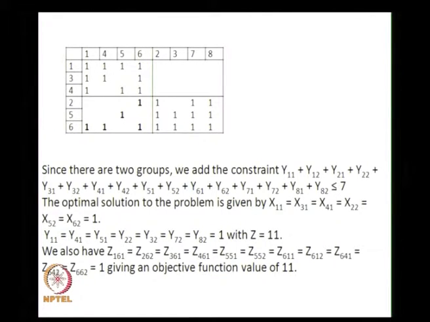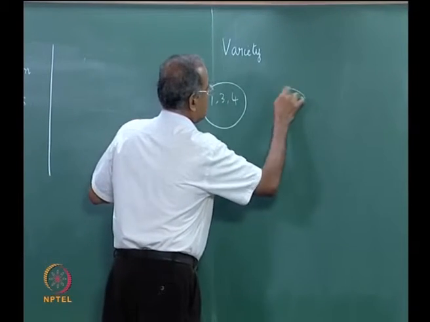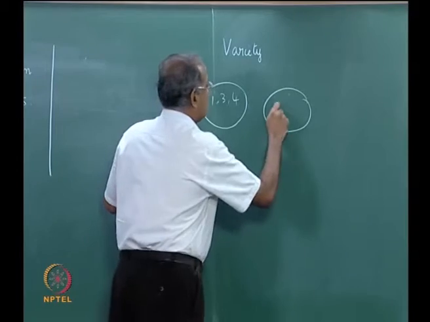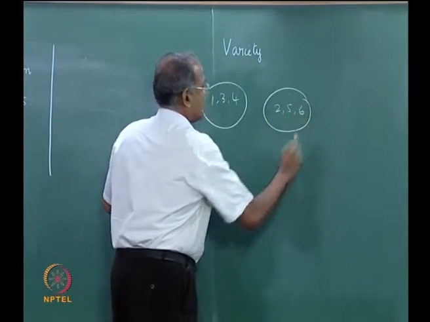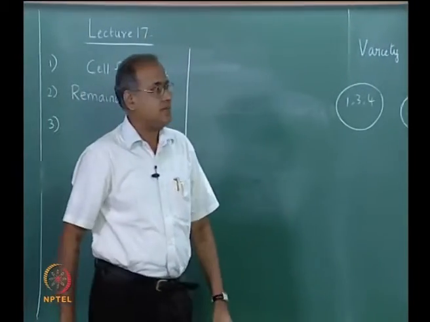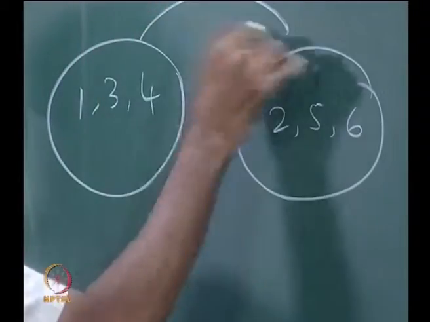an additional part number 9 with the existing system, now we have one machine group with 1, 3 and 4, the other machine group with 2, 5 and 6, and there are 5 moves here.